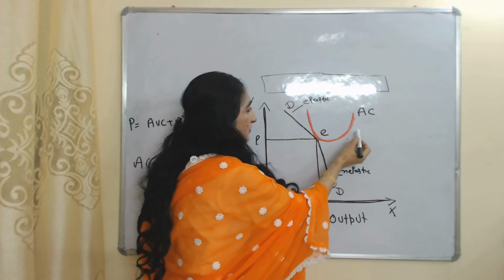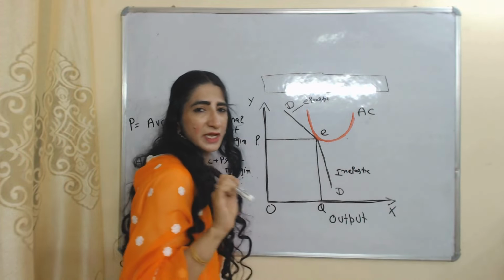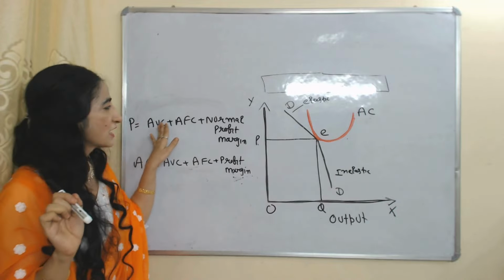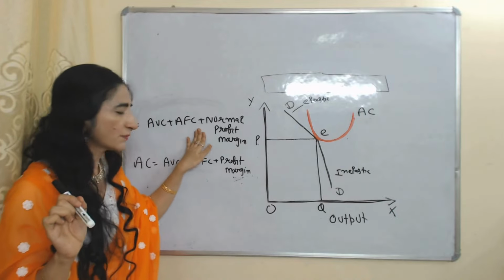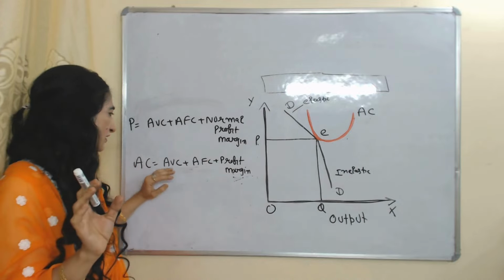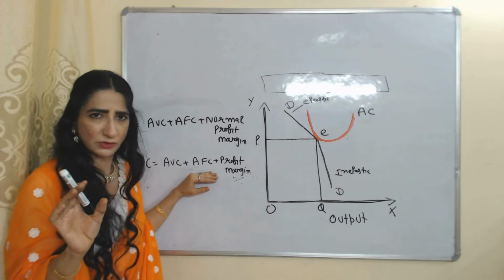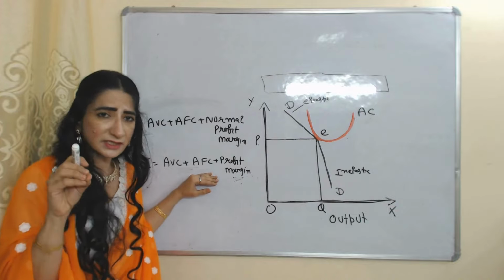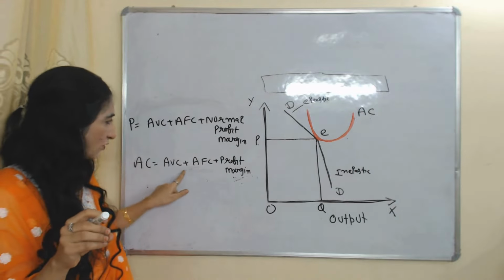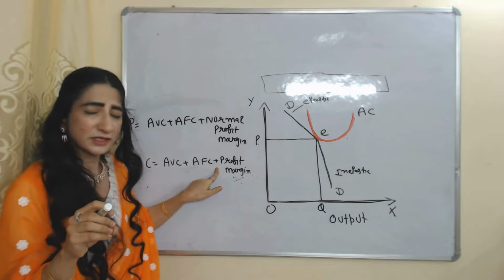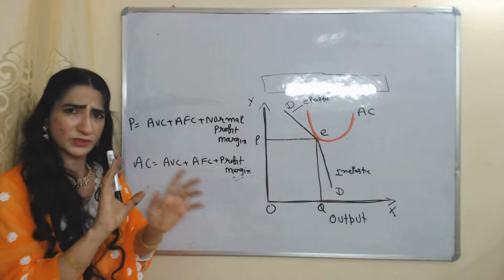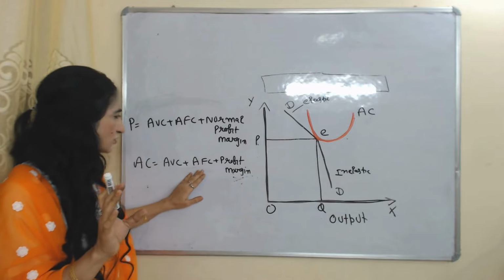And this red curve represents average cost. According to this theory, price is equal to average variable cost, average fixed cost plus normal profit margin. Usually in average cost, we only include average variable cost and average fixed cost.